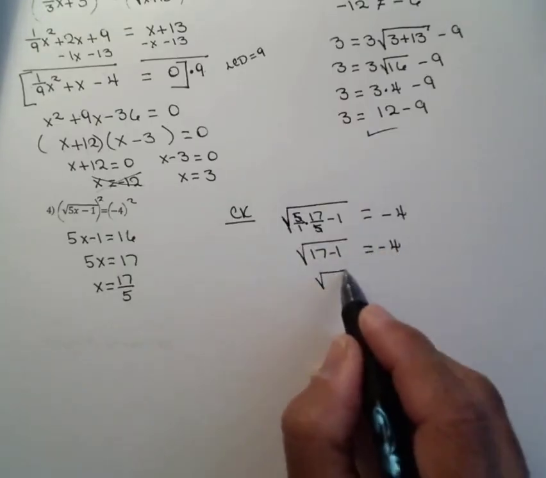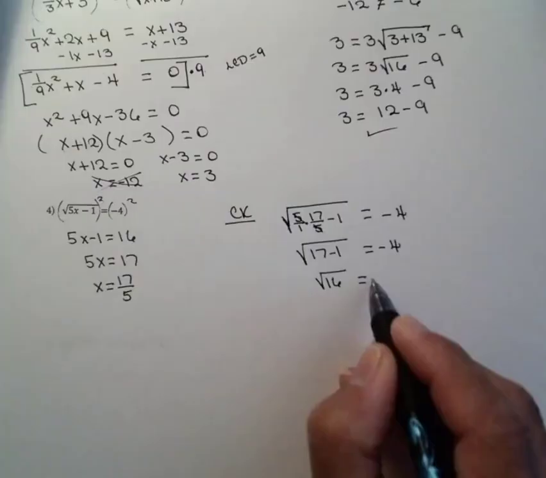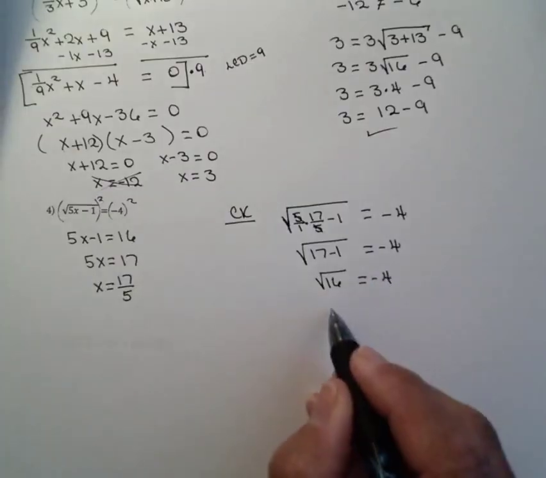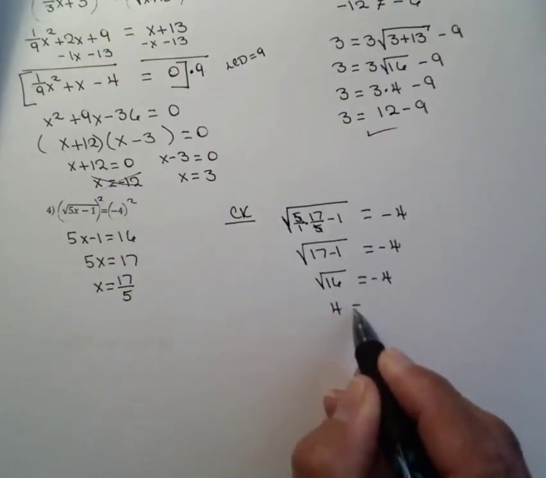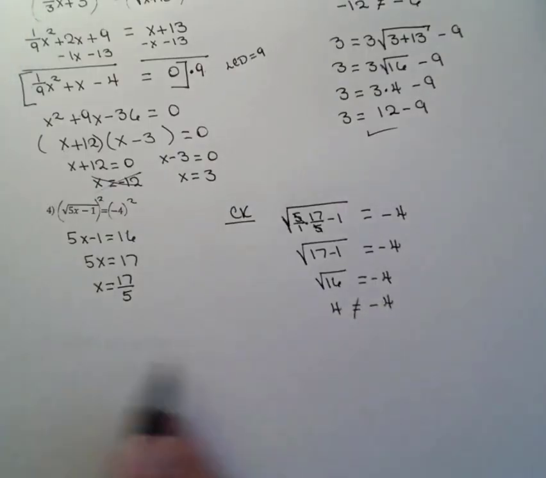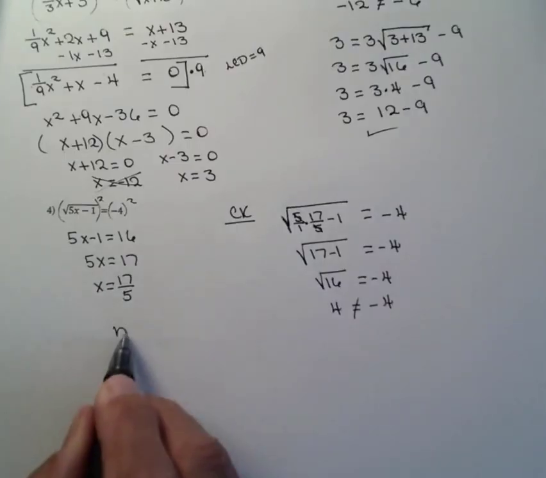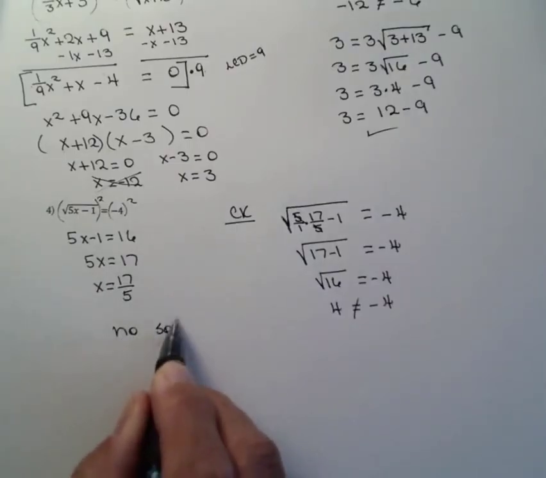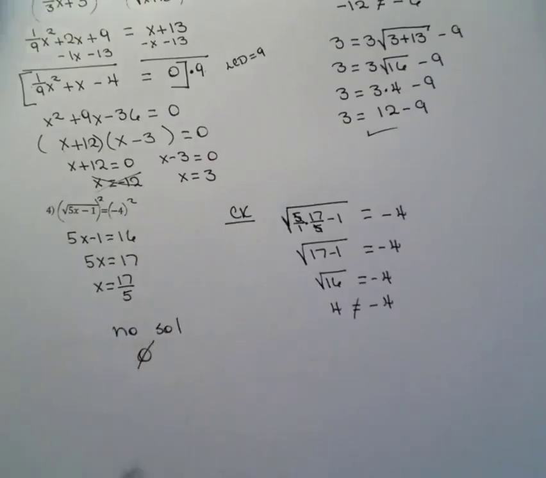And that's the square root of 16 equals a negative 4. And remember, that square root is 4, isn't it? Which is not negative. So the one solution I found didn't work. So we say we don't have a solution. This one doesn't have a solution. Or you could say it has the null set.